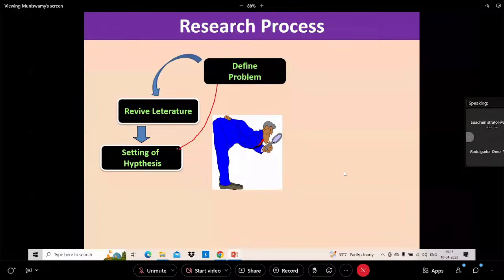So how you finding the statements or objectives or your aim based on the review literature. Review literature in the sense previous findings, right? Based on the previous findings, you are framing your new problems. That is, we call it as a testing of hypothesis.